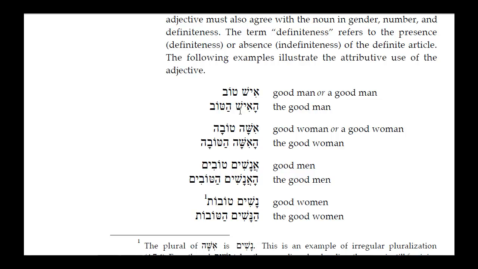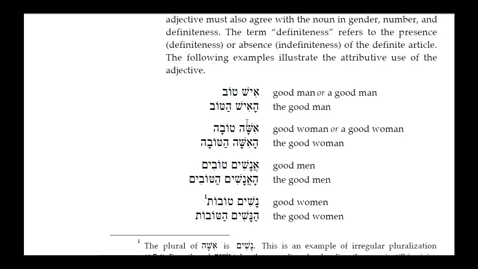And it agrees in gender and number, both singular: ish is singular, tov is singular. And we have the definiteness here, the definite article being on the adjective as well as the noun. So that's how we're going to see the difference between an attributive adjective and a predicate adjective, which we'll get into in just a moment.